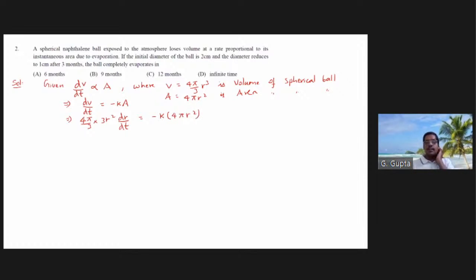After cancelling 3 and then 4 pi r square on both sides, you will get dr by dt is equal to minus k. Where r is the dependent variable and t is the independent variable, it is easily expressed as dr is equal to minus k times dt, which is variables separable form.